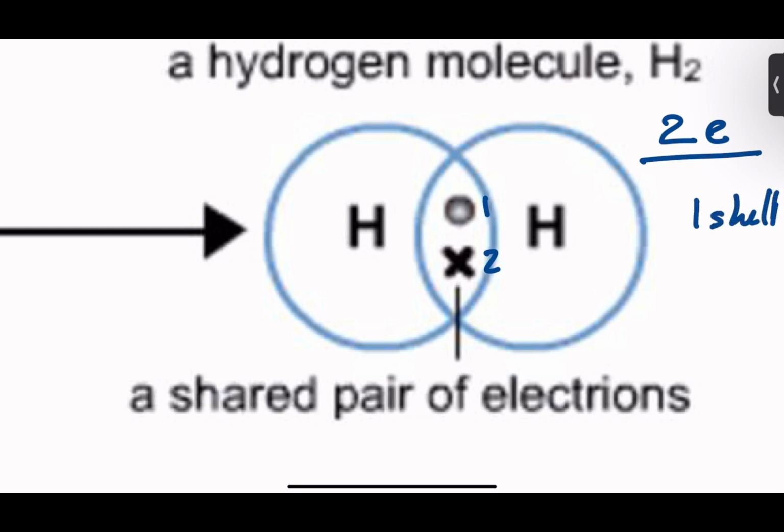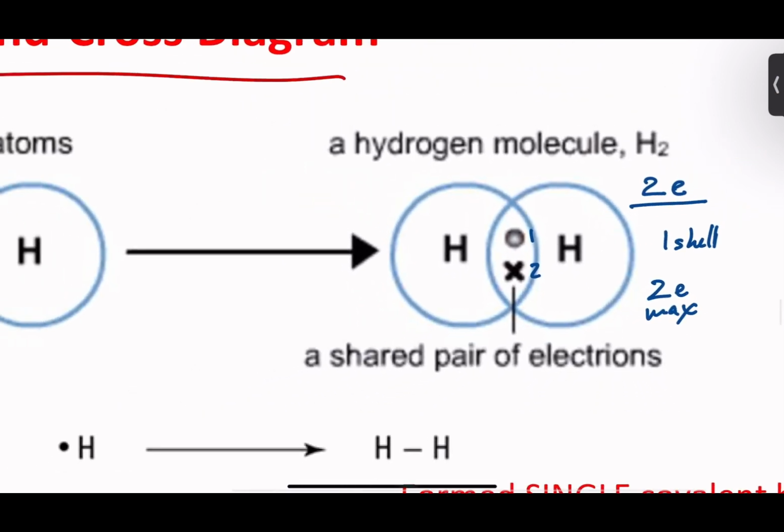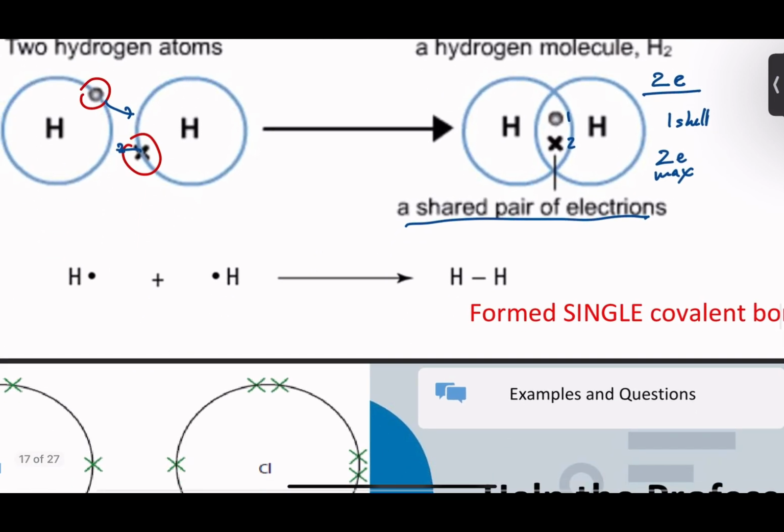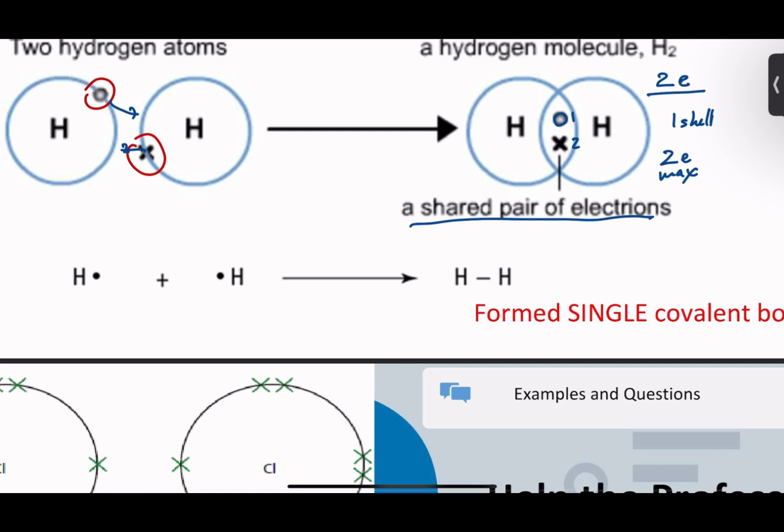And the first shell can have only 2 electrons in it, maximum. So they share electrons and they become stable. And once they share, 2 electrons equal 1 bond. They shared the electrons, they made this 1 bond in here.